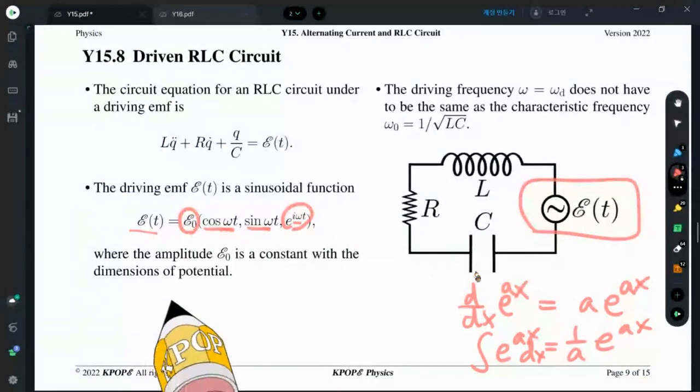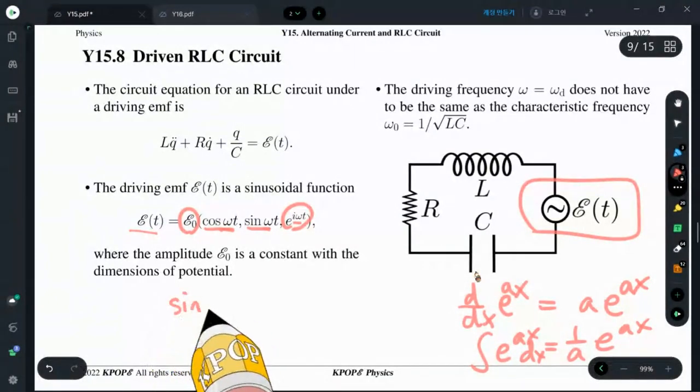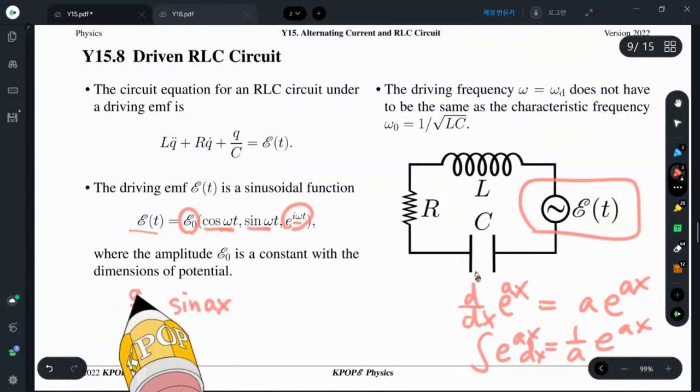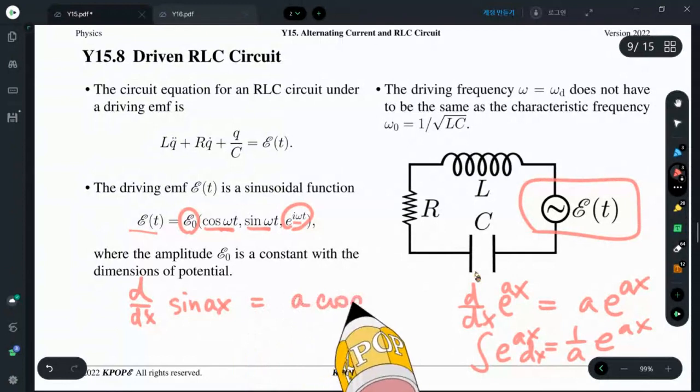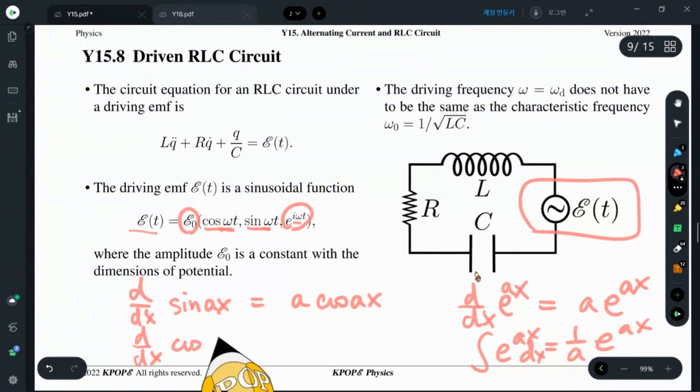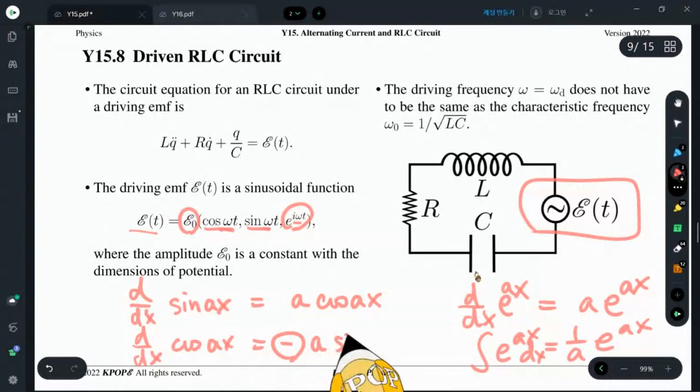However, if you take the derivative of sine, it has cosine. Unfortunately, the derivative of cosine is negative sine. Complicated.